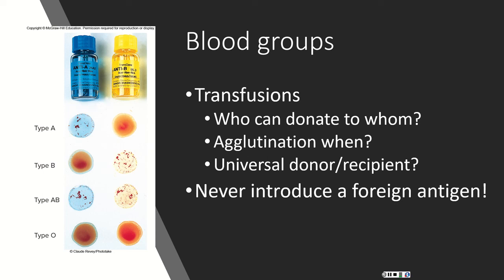If you introduce a foreign antigen, then you're at risk for agglutination and ultimately hemolysis, breaking apart of the blood. Now, there's also the lab video for figuring out blood type, and there we saw agglutination in some fake blood. If you haven't watched that video yet, make sure to. But this is real blood, what would happen. Here's agglutination, agglutination, agglutination.